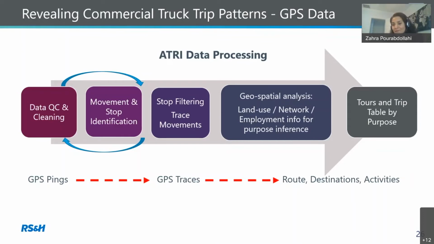And then we were able to get the tours and trip tables by purpose. So as the graphic showed, there's extensive pre-processing, going from GPS pings to GPS traces to getting the route, destination, and activities for each truck.